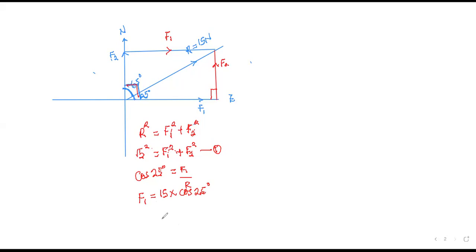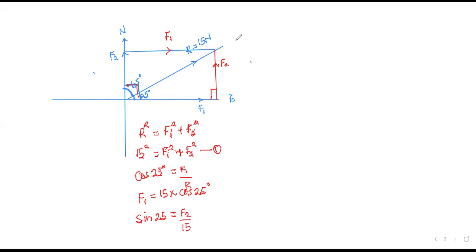Without using equation 1, you can also take sine of the same angle, sine of 25, which will be F2 over 15, the resultant. So there are lots of ways to solve this problem.